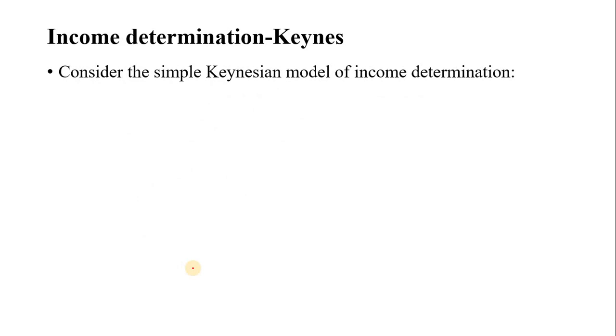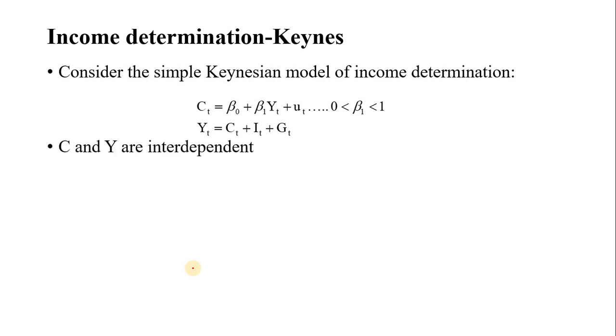Now, what's the problem with this type of model? Consider a simple Keynesian model of income determination. Consumption is a function of YT and UT, and YT is equal to CT plus IT plus GT. All of you have learned these equations. Now, C and Y are interdependent.